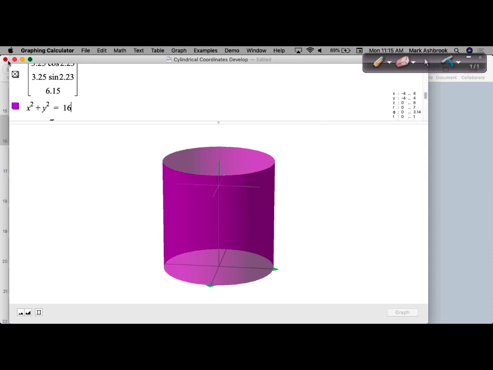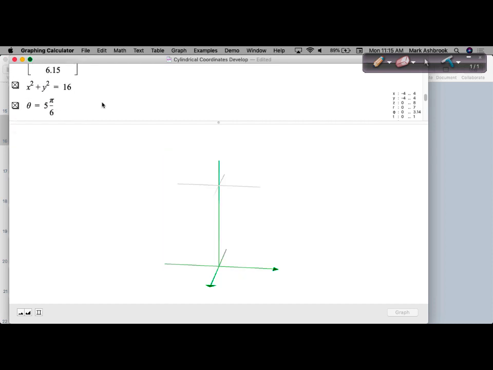What was next? So that's r equals 4. Theta equals 5 pi over 6. What's that? That's like a ray going out in the 5 pi over 6 direction, and then let z be anything. Okay, that's a ray if x squared plus y squared equals 16 is a circle. Not a ray. Wait, what is theta equals 5 pi over 6?